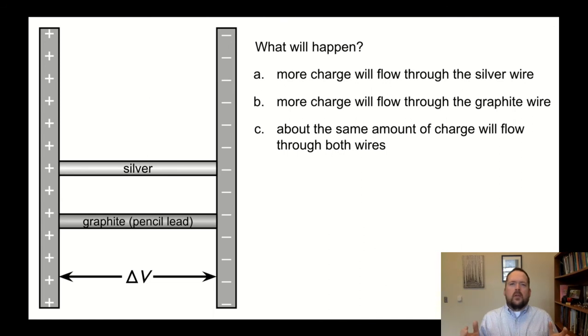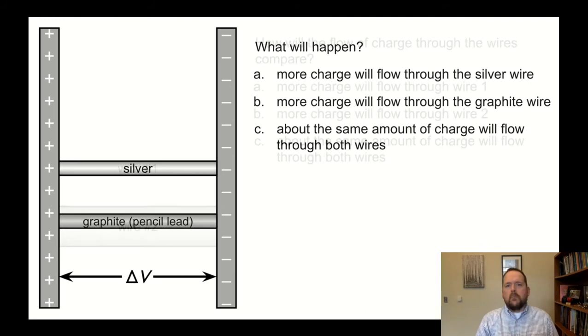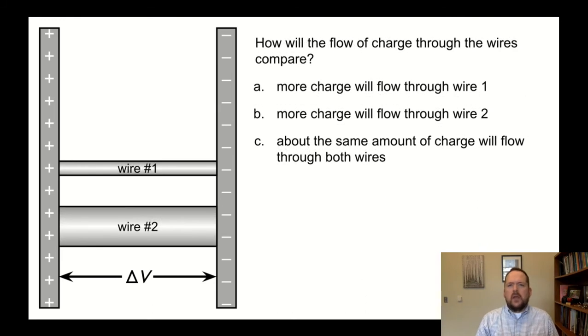You can think about this in the context of traffic flow. If you have two streets, one paved, one a dirt road, but otherwise equal length and equal width, in general, more traffic is going to go on the paved road because it's an easier path to drive on.